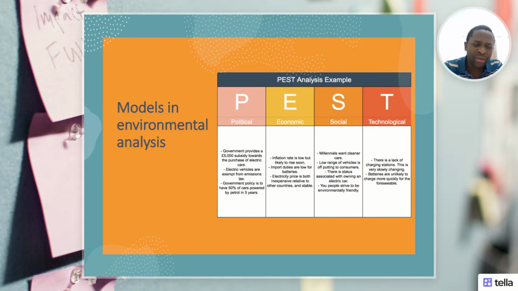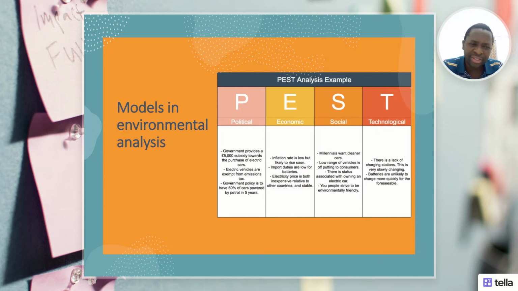So, be that as it may, we do have quite a number of variables or models which are used in understanding the environment for a global company or a company which wants to go global.